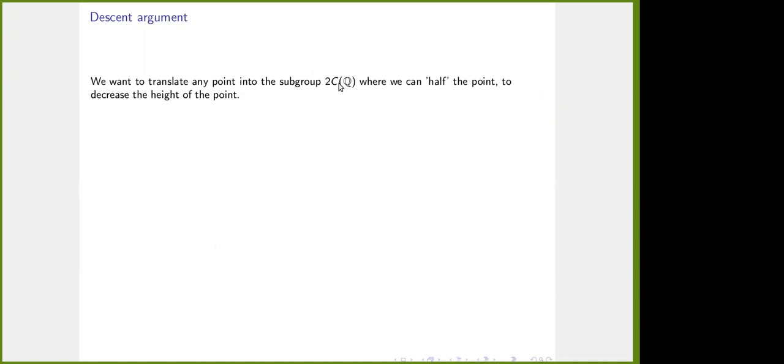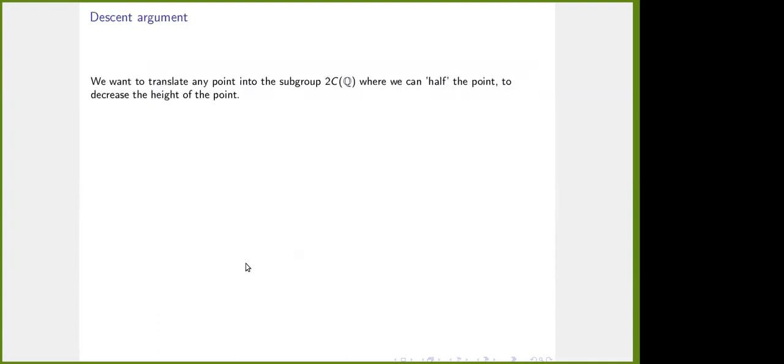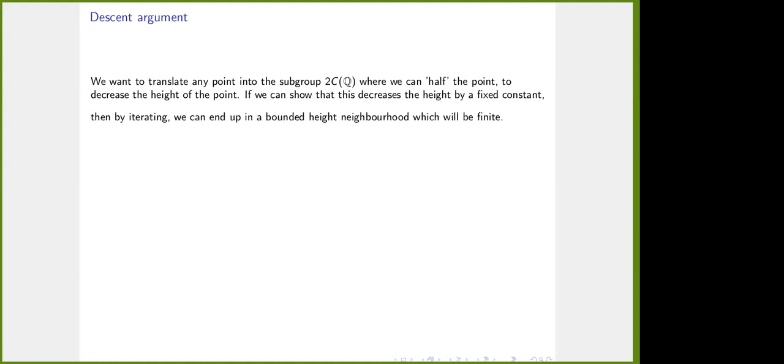That means we can halve the point, and halving the point decreases the height by 4. So this point has 4 times the height of this point, up to a constant. So if we already lie in the double of the group, you can decrease the height by 4 by halving the point. And when we iterate it, we will end up in a bounded neighborhood which will be finite.